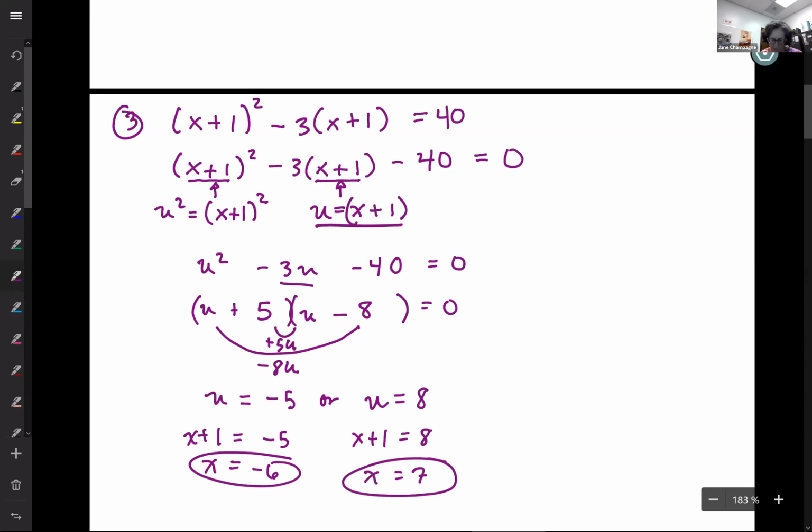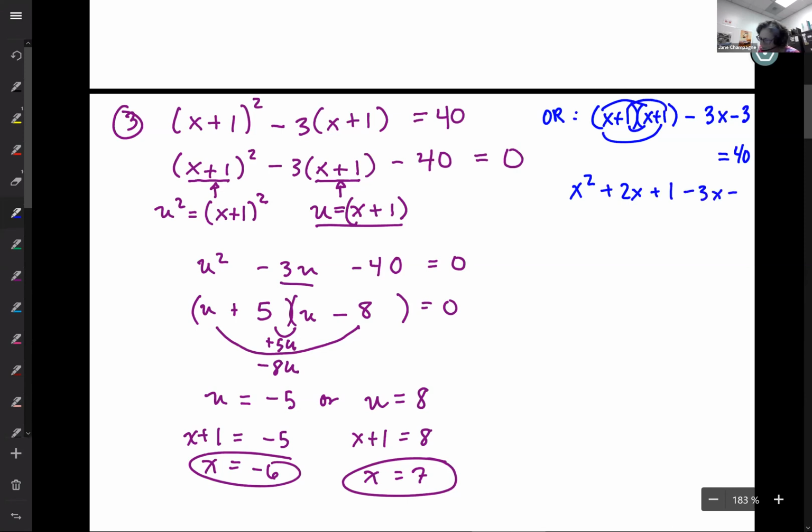Now, another option for this would have been to multiply everything out. To say, okay, x plus 1 squared, I can FOIL that. And then minus 3 times x plus 1, I could distribute the minus 3, right? Squaring out x plus 1, FOILing that gives you x squared plus 2x plus 1.